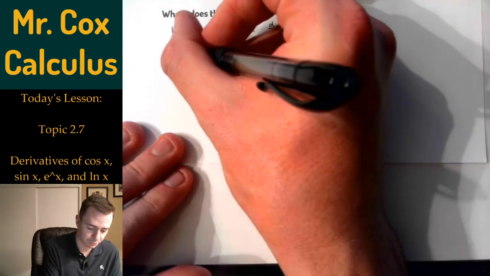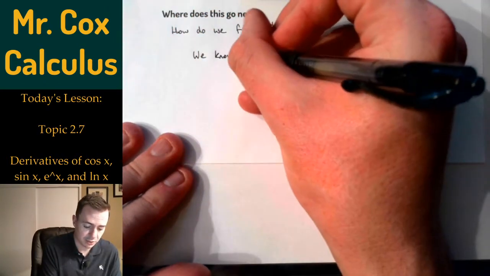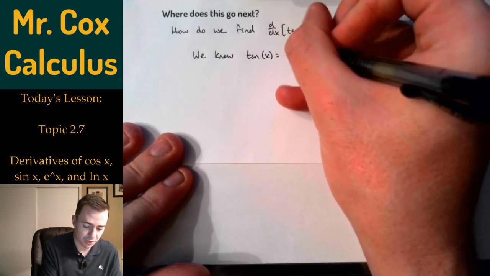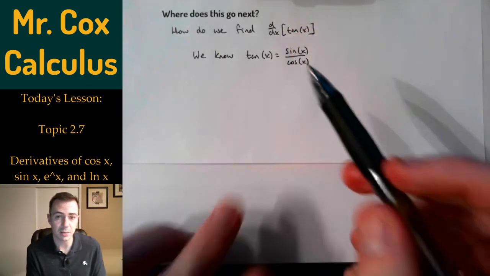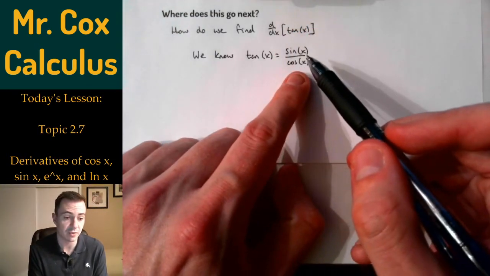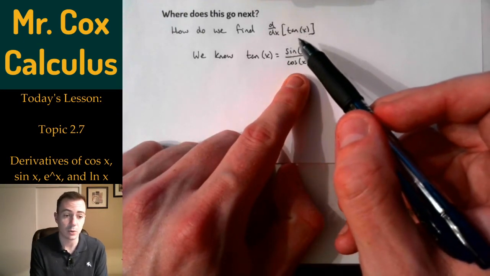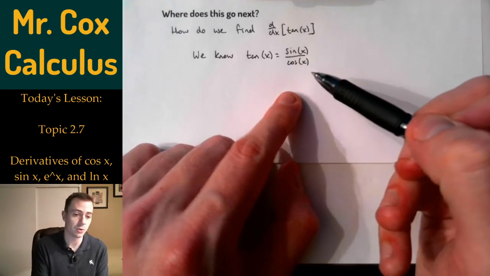But what we really want to focus on is we know that tangent of x is equal to the sine of x over the cosine of x. Now, as I've said in previous videos, when we take the derivative of a quotient, so instead of taking the derivative of tangent of x, in order to prove what it is, I'm actually going to take the derivative of sine of x over cosine of x.